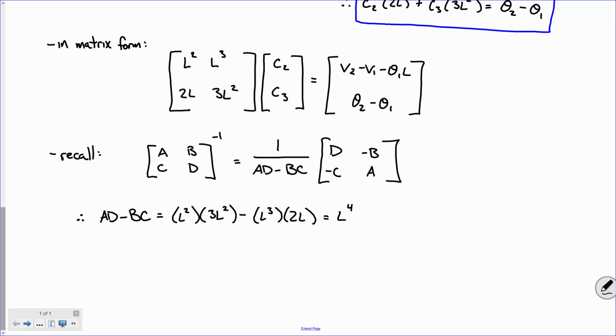So far so good? So, therefore our inverse is, what do we have? 1 over L to the 4th times what? We swap the main diagonal, so we'll have 3L squared and then L squared, and then change these signs.